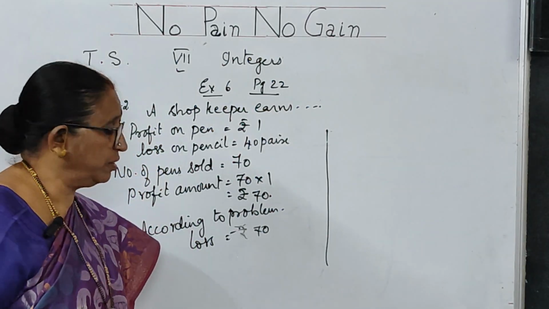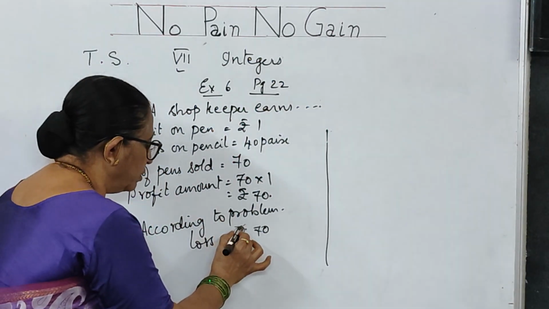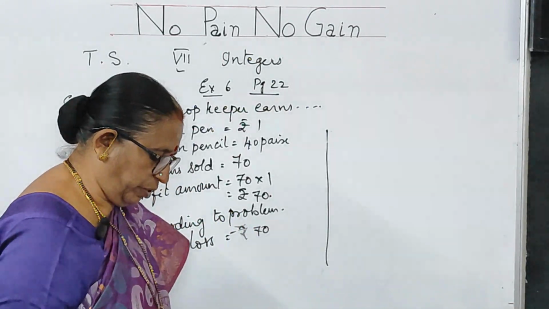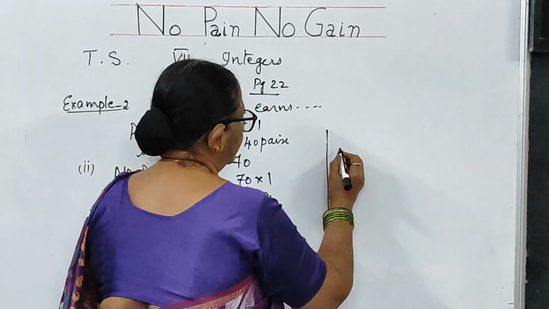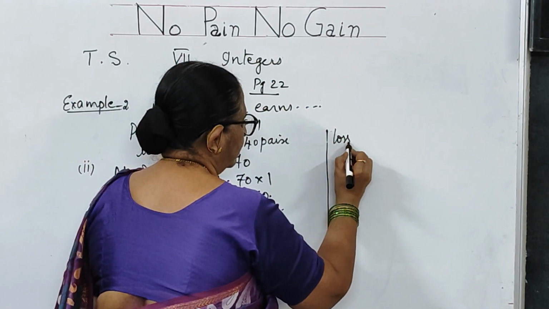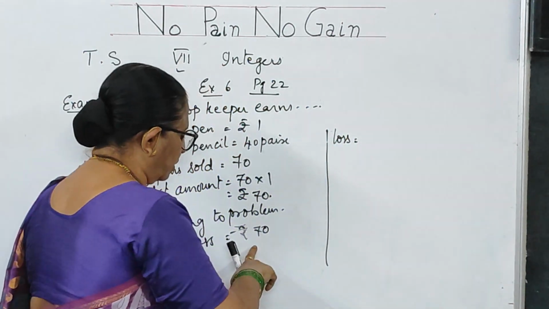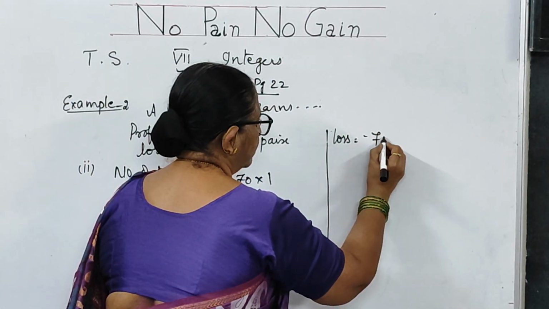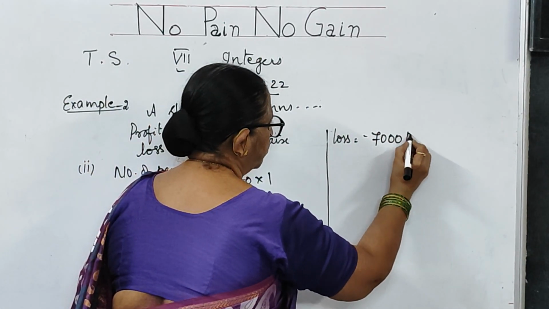So total loss amount is minus 70. We have to convert this 70 into paisa. So minus 7000 paisa loss she has got.